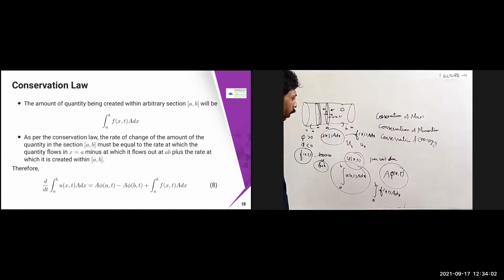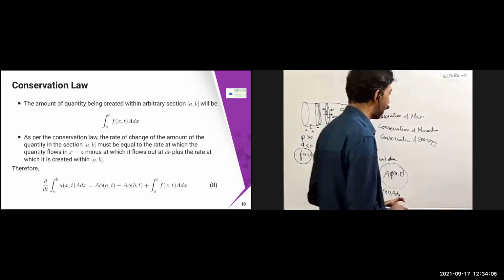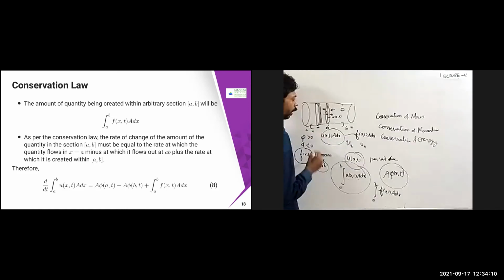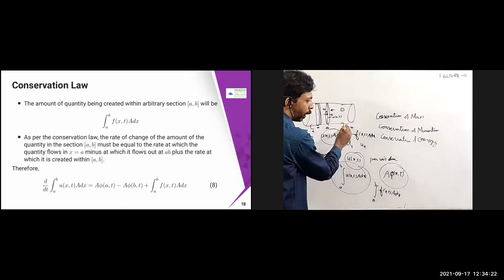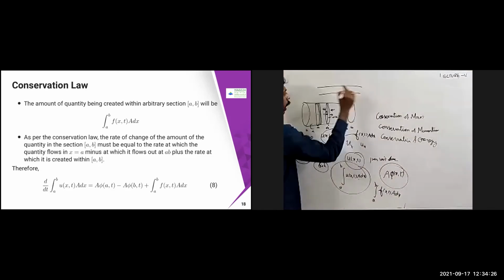Now, what is it going to say? The rate of change of the amount of quantity in this interval must be equal to the rate at which the quantity flows out. This is something similar to what we have discussed in the ant and pollution story.